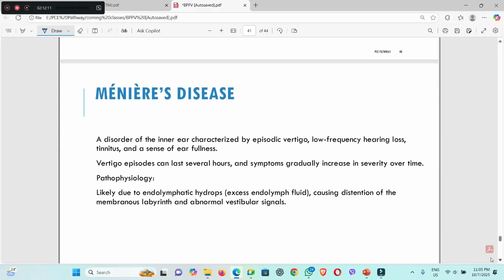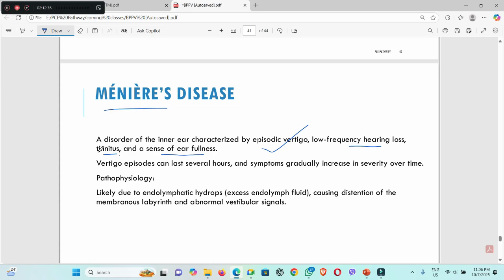Small one, you should know about Meniere's disease. What is it? It is a disorder of the inner ear characterized by episodic vertigo, low frequency hearing loss, tinnitus, and a sense of aural fullness. So if you see vertigo and tinnitus, then it is Meniere's disease.